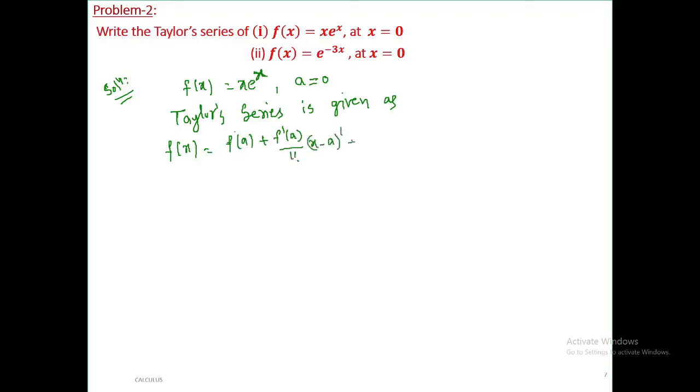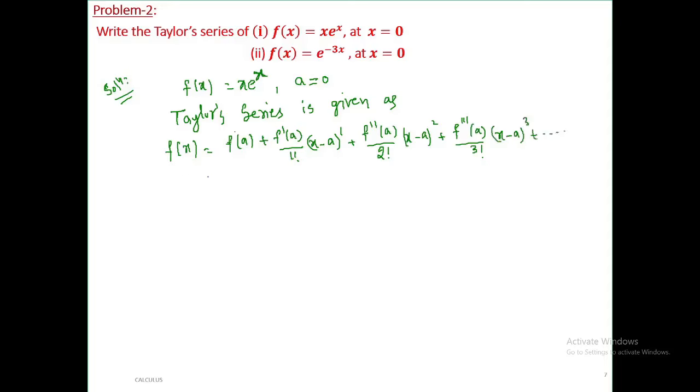So plus f double dash at a by 2 factorial into x minus a whole square, right, plus f triple dash at a by 3 factorial into x minus a whole to the power of 3 plus up to so on. So this is Taylor series, right?